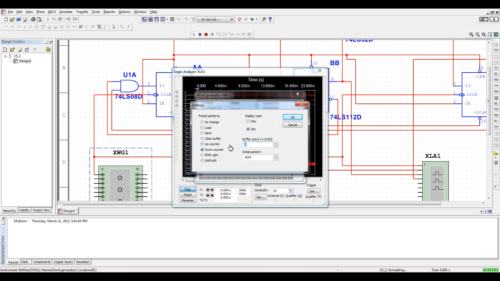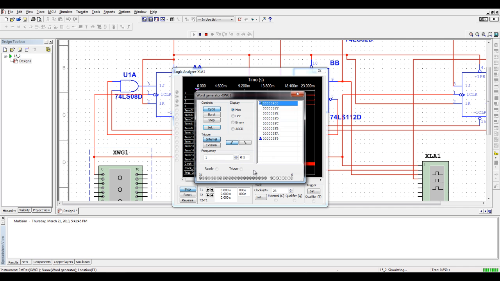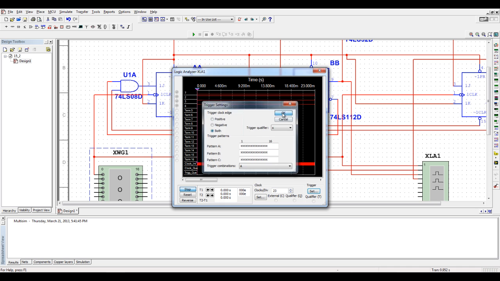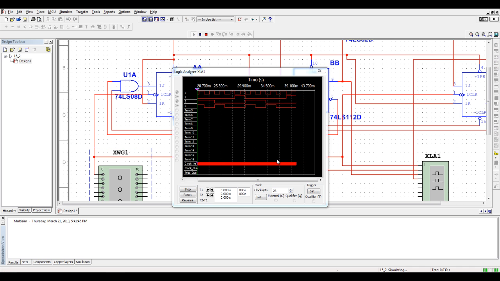Oh, in here, 8. There we go. And let's stop that. And then close this. Set that to both. And now let's run it. And indeed, we see the correct output. We have 0, 1, 0, 0, 0, 1, 0, 0, 0, 1, 0, 0, 0, 1, 1, 0, 1, 0, 0, 1, 1, and then reset to 0, 0, 0.